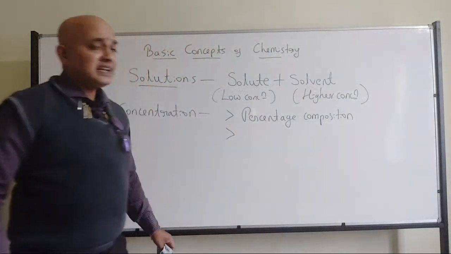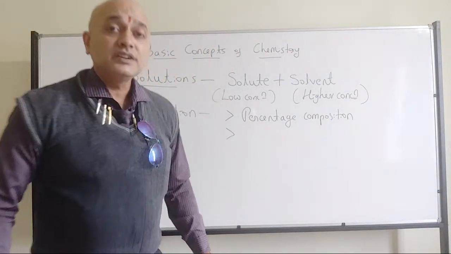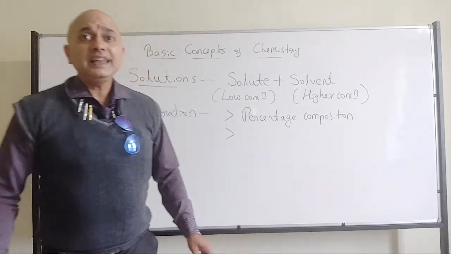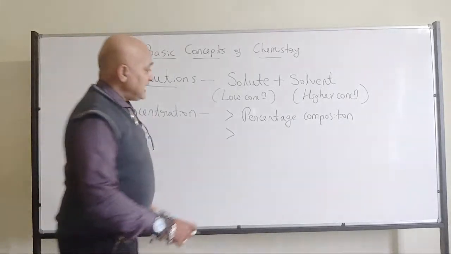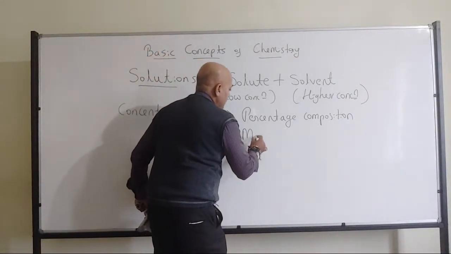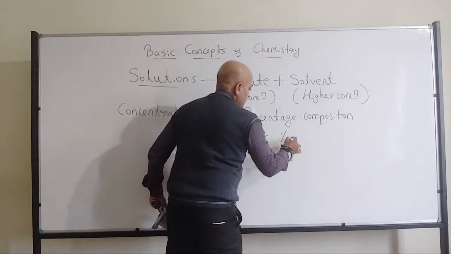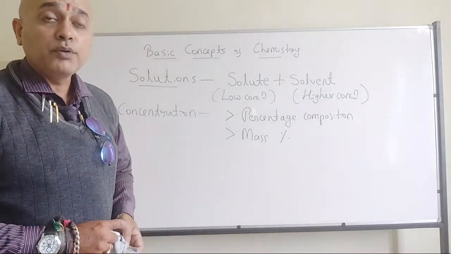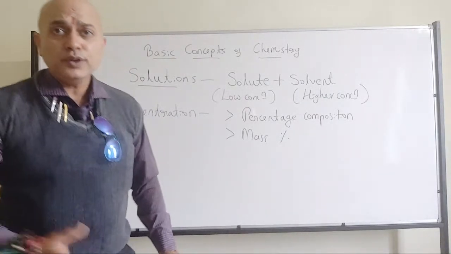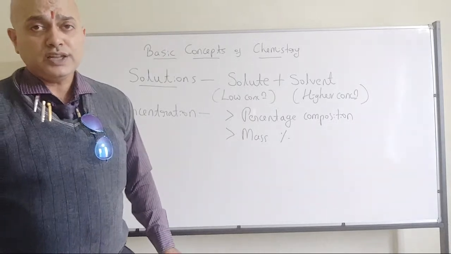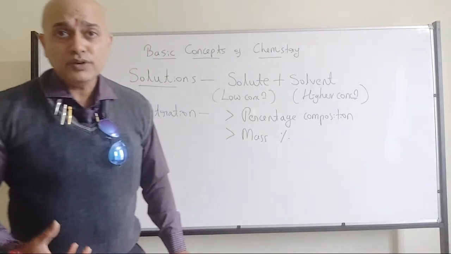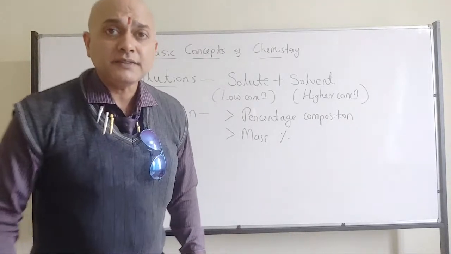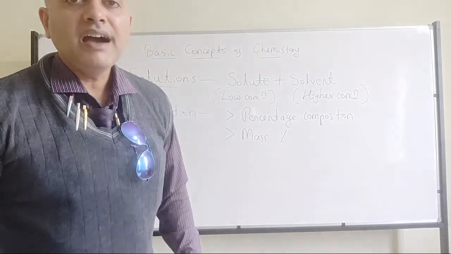One is percentage composition, which we have discussed in relation to the different components of a particular compound. Next we have mass percentage. That's where we are talking about the mass of solute present in the solution, and we compare that to 100.